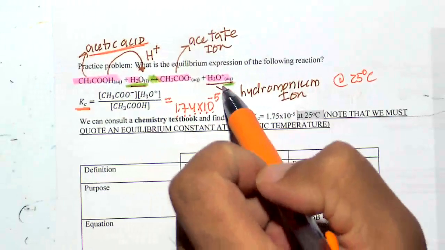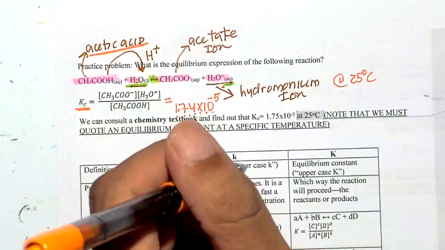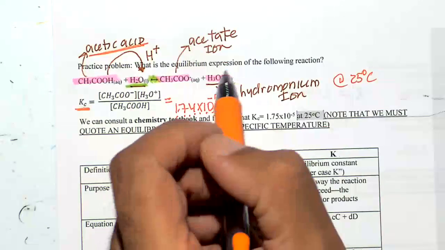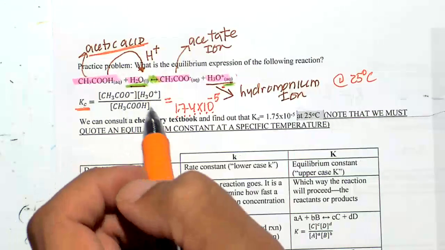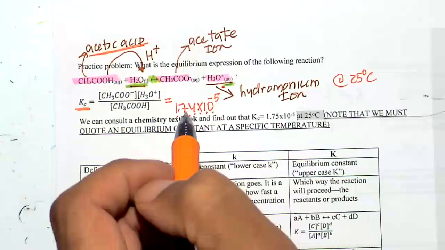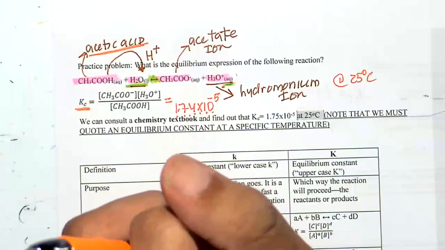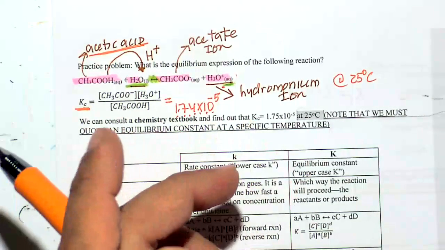It will still give you protons, it will still give you hydronium ion, but not a great source of H3O+. Why is that? Look at this number, 1.74 times 10 to the minus 5. Large or small? It's a small number. It's tiny.